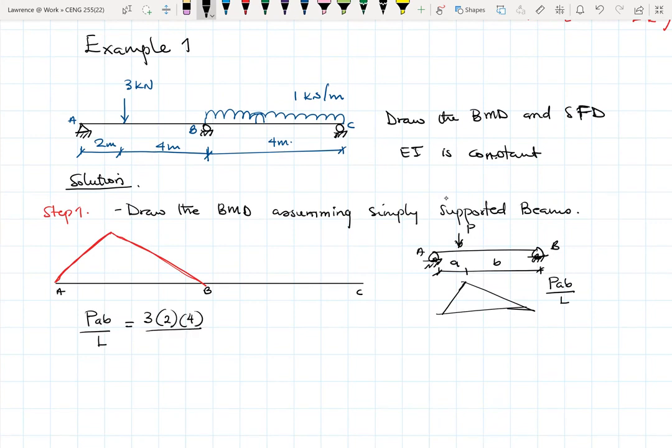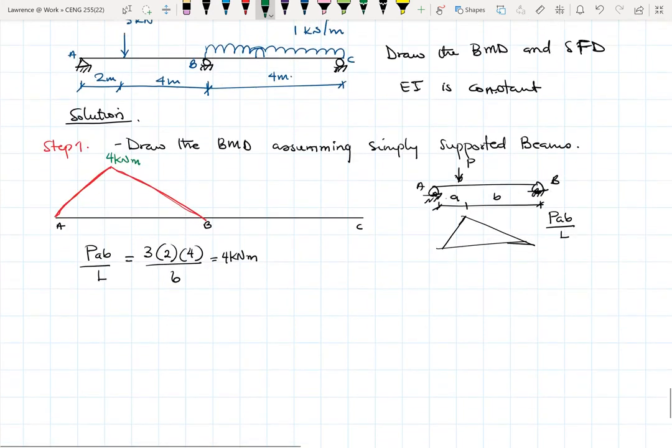The entire length of section AB is 6 meters. So the maximum bending moment here is 4 kilonewton meter.